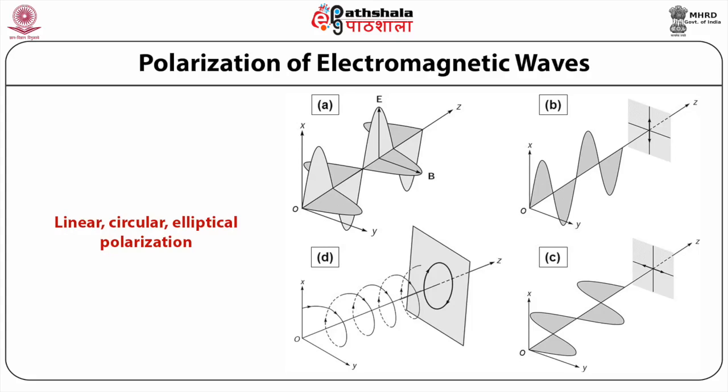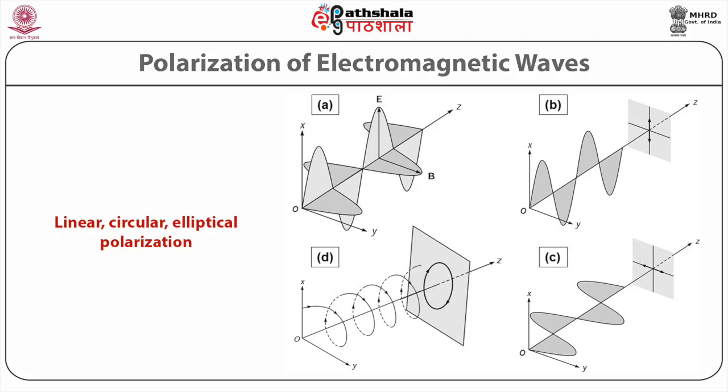But the oscillation of the electric field is such that if you look from any XY plane, it appears to be a circle or an ellipse on the screen. So this is an example of elliptically polarized light, and circular polarization is a very special case of elliptical polarization.